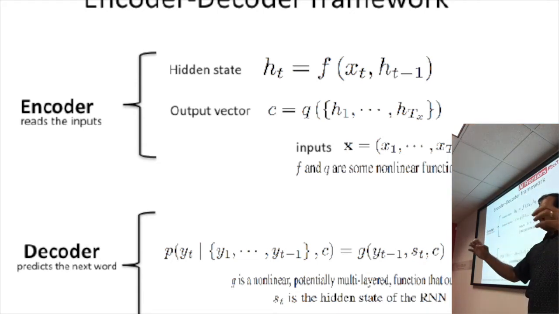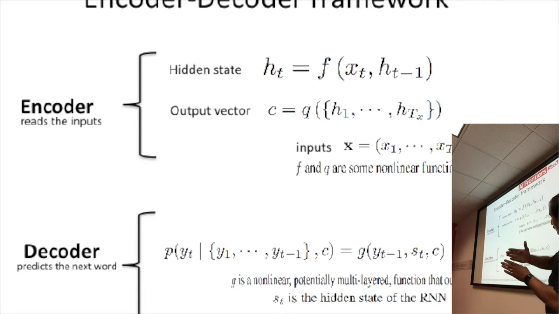For example, if you have 10 tokens or 10 words in a sentence, and t is equal to 5, the 5th word is going in. So the hidden state is a function of the input at timestamp t and the hidden state at timestamp t minus 1. Here f is a nonlinear function which does some magic transformation of data and gives a hidden state h_t, and then you can keep on computing for every input.